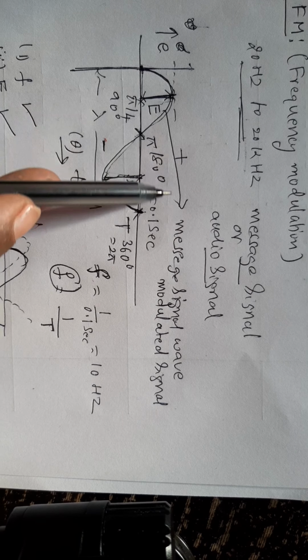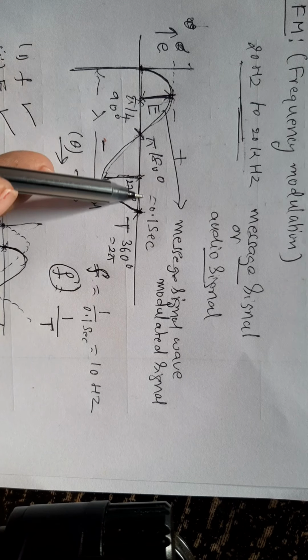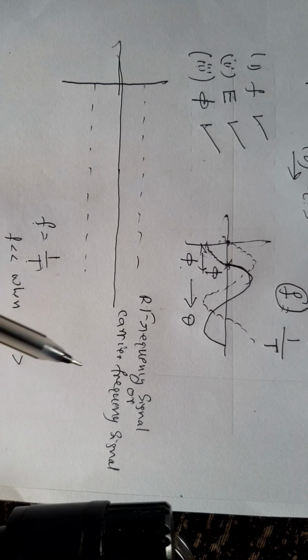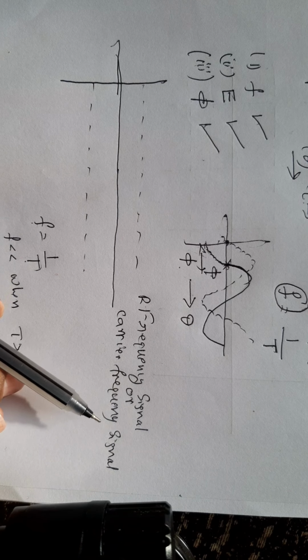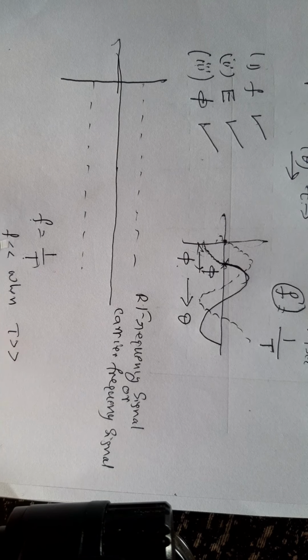If this represents the message signal, a low frequency signal, the period is large. Therefore, to represent RF, that is the high frequency radio frequency signal or carrier signal, the period must be small, because from this expression, if T is small, F is large.